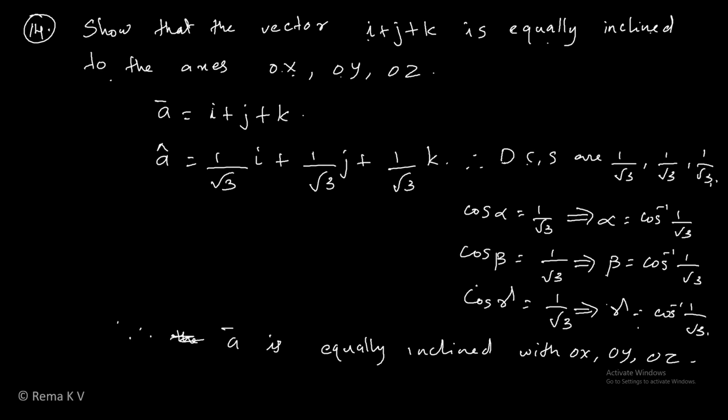Using that formula, you can find the position vector of R when it is dividing internally in the ratio 2:1. When it is dividing externally in the ratio m is to n, you can apply the formula (mb minus na) by (m minus n).